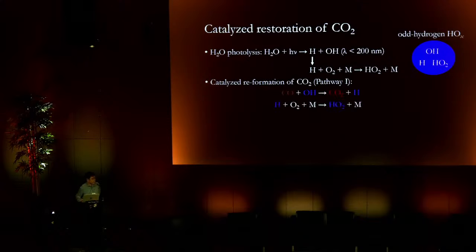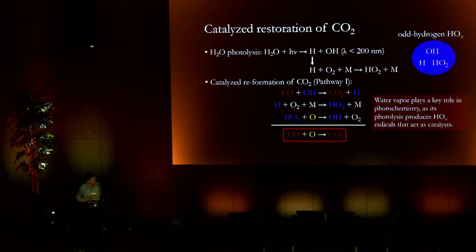So H can react with molecular oxygen to form HO2, and HO2 then reacts with atomic oxygen to form OH. If we sum these 3 reactions together, we get the net reaction: CO plus O forms CO2. So this is how CO is converted back to CO2. This also tells us that water vapor plays a key role in the photochemistry, because the photolysis of water produces the HOx radicals, which act as catalysts.